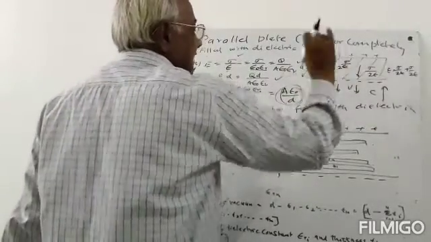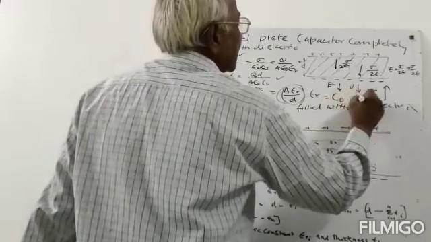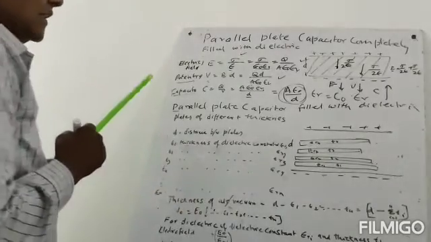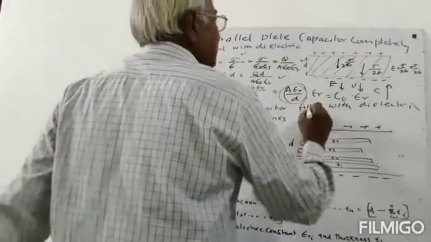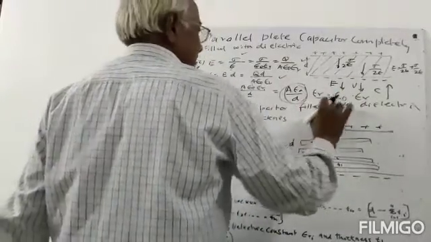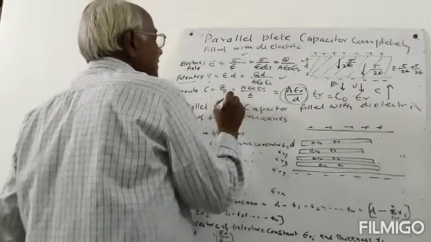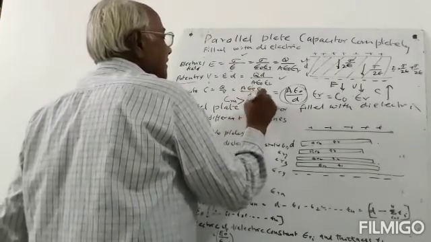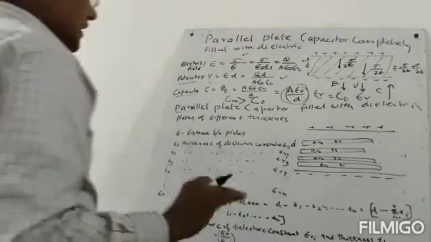When instead of dielectric there is air, we can say it is C0 multiplied by εr. So εr is greater than 1, therefore C is greater than C0. So the capacitance when the medium is dielectric will be greater than when the medium between the plates is air.